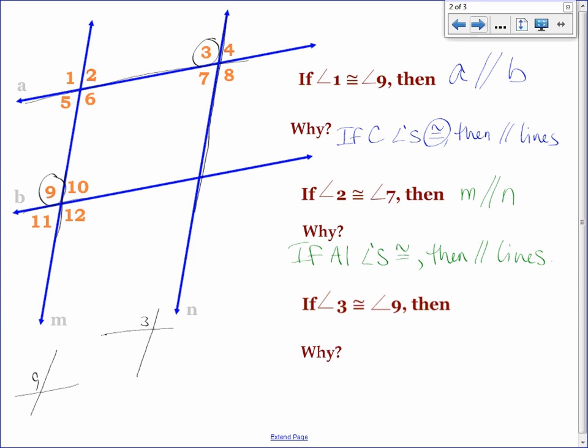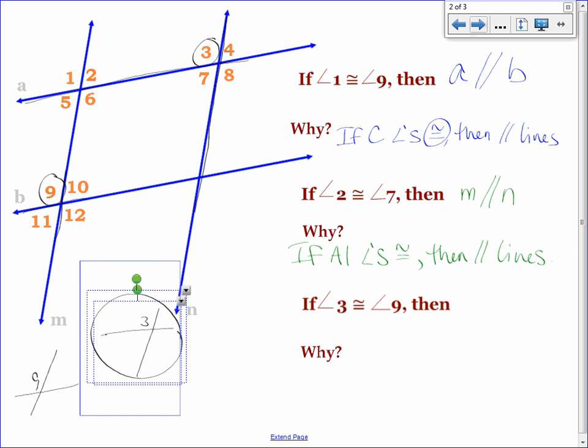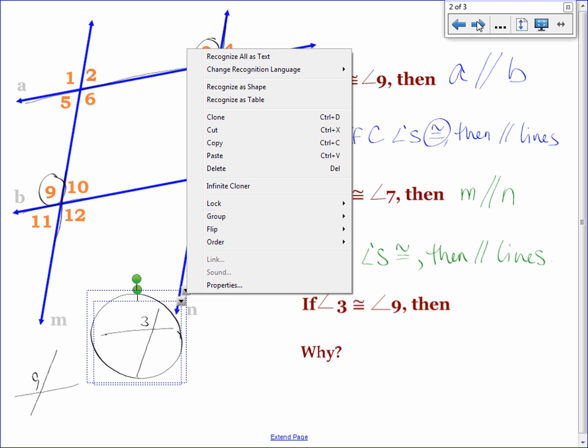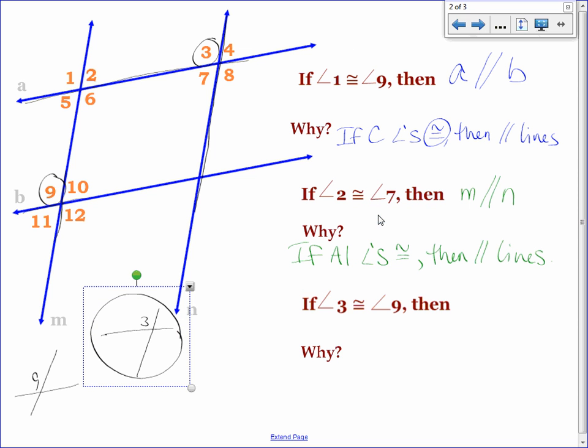Now those 2 intersections of lines, could I turn one of them and still have 3 and 9 be the same measure? So I could take these 2 lines right here and rotate them like this.